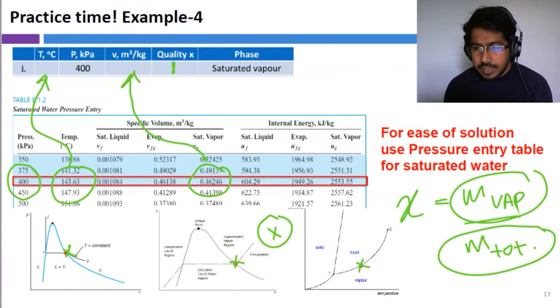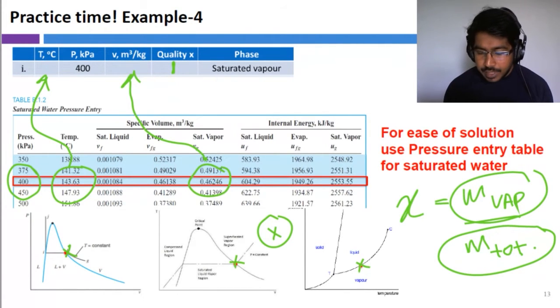Are we clear on that one? Perfect. If it is on the saturated liquid line, then what can you say about vapor mass over total mass? On the saturated liquid line, we don't have any vapor, so vapor mass is 0. So vapor mass over total mass is going to be 0.